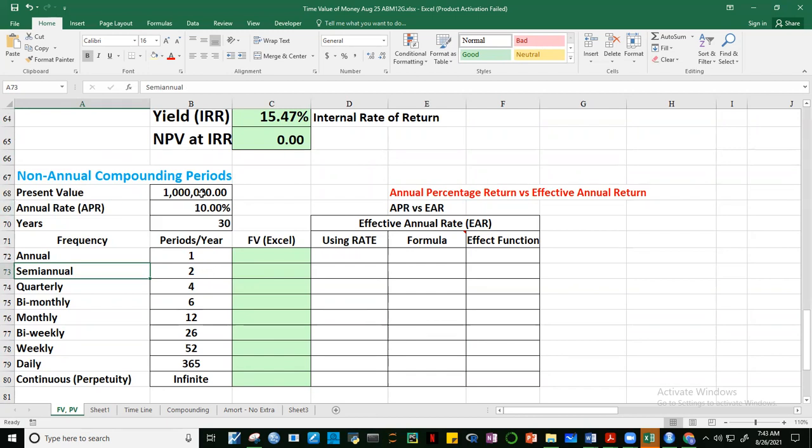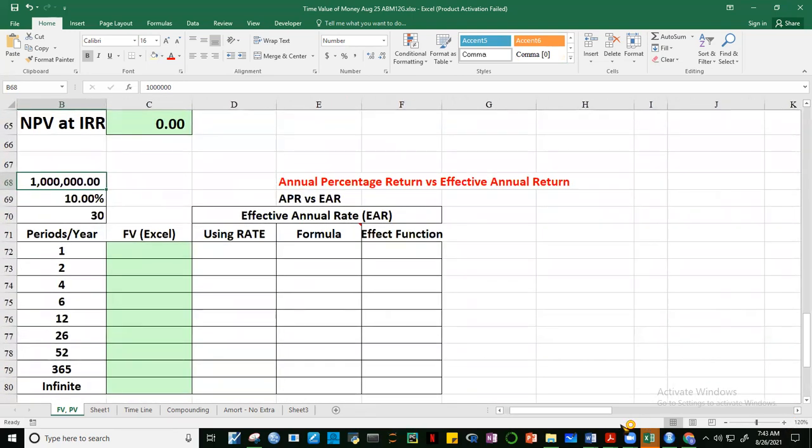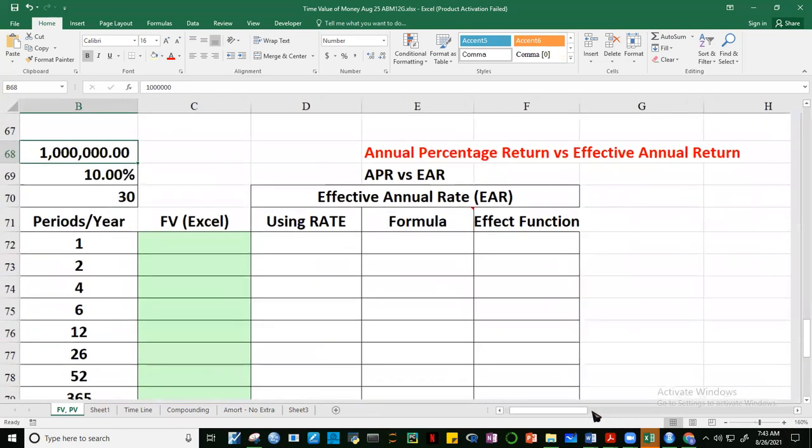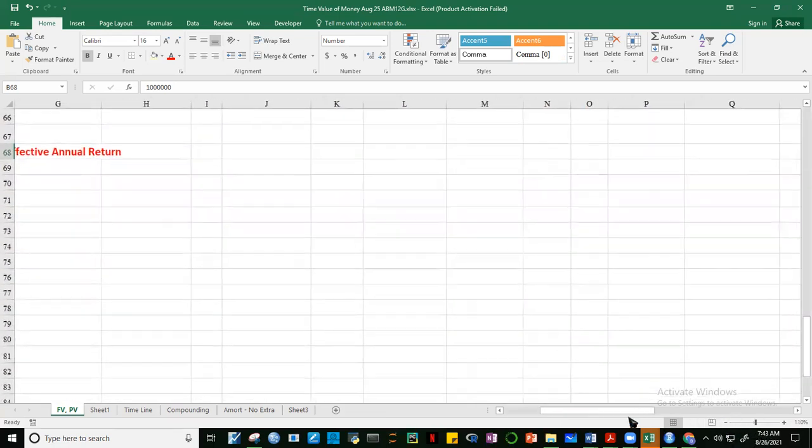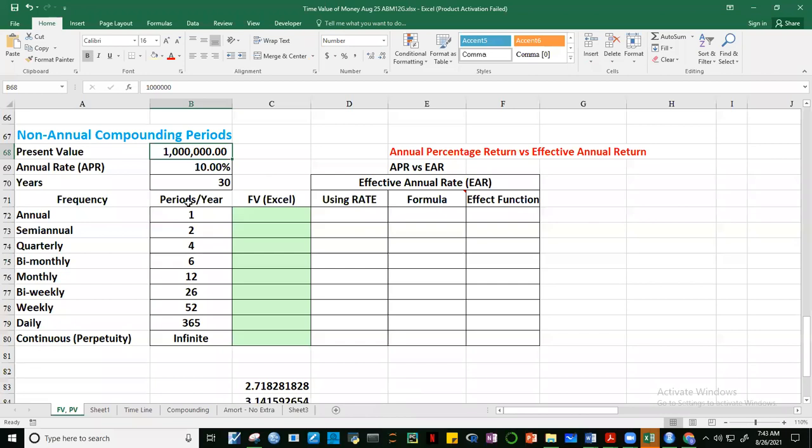We have cash now, present value at 1 million. We're given the nominal rate, or that's the annual percentage rate. That's usually a stated rate. That's the rate that's given to us when we transact business. So it's usually given to us as a nominal rate or per annum.